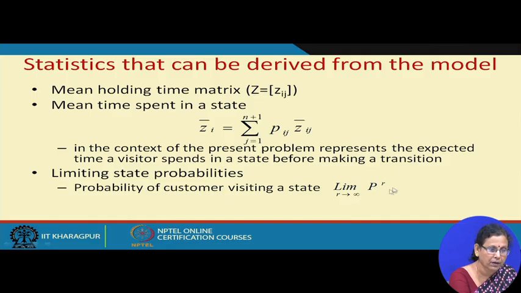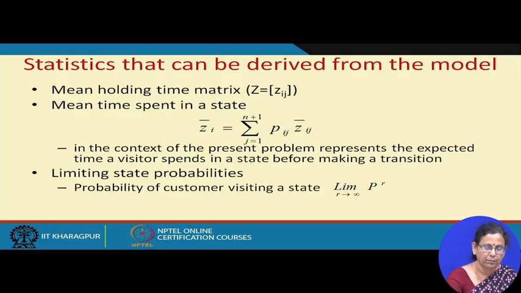So, if you raise the power of this matrix to a very high value, here of course, we write r tends to infinity, but actually, depending on the matrix, not an infinite number of transitions will actually be required. Theoretically it is described this way, but if you keep on increasing the r value, at some point of time you will see that this matrix P to the power r is becoming stable. There is no change happening to this particular matrix.